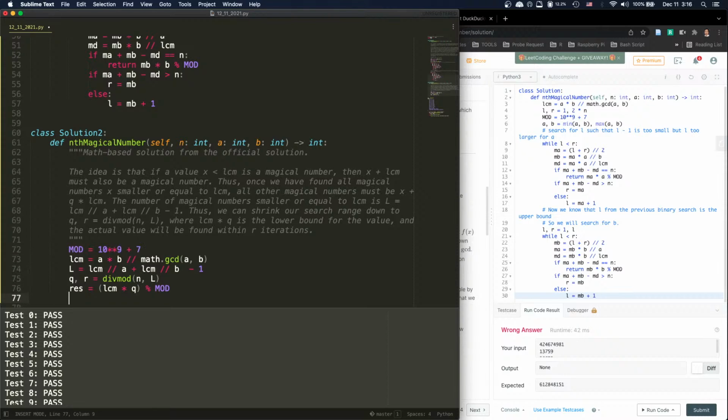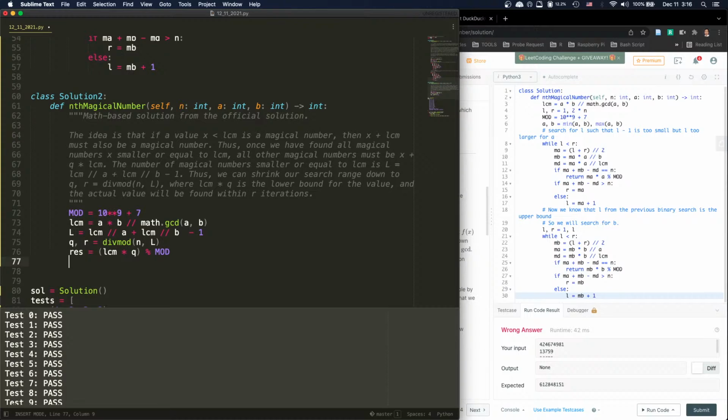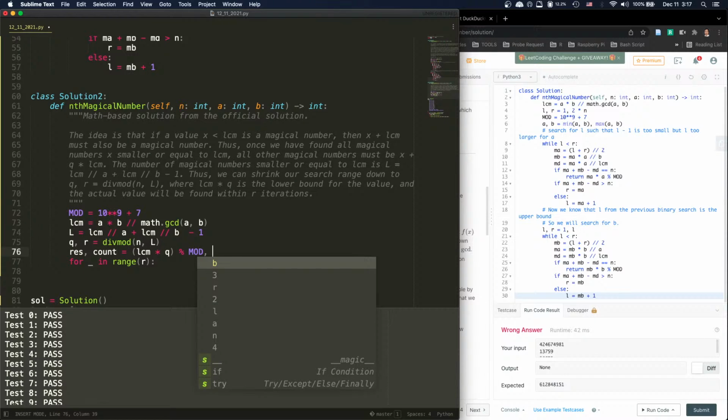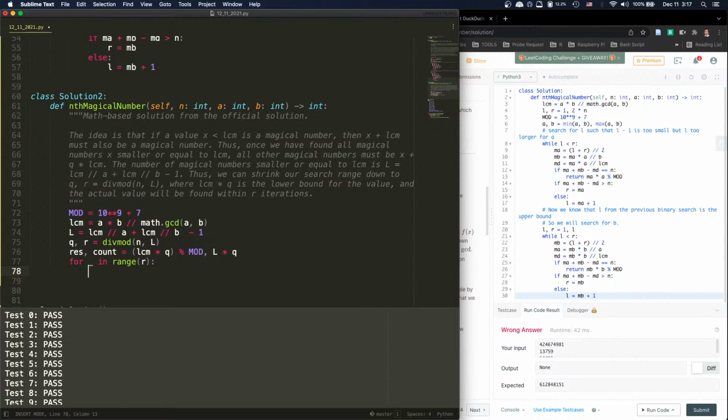Right, so res is this, and we just say for this in range R, so it will not be more than R. And every time I'll count for this is going to be L times Q, right? That's the current count. And then we say, what do we say?